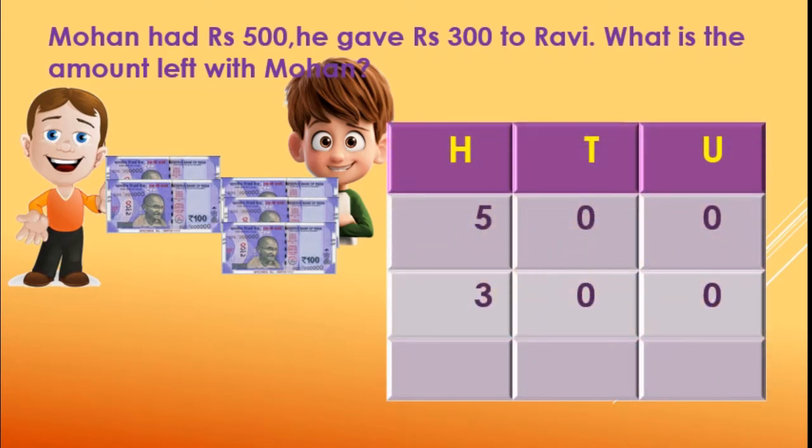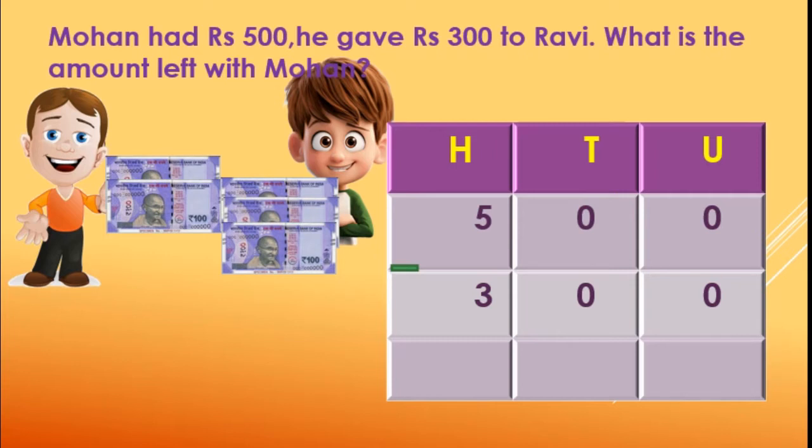This is a table and we have written the numbers here. 0 in the units place, tens place also 0, 5 in hundreds place because 500 rupees Mohan has. Now he gave 300. So we are going to minus 300 rupees from 500 rupees. We will do subtraction from the unit place.